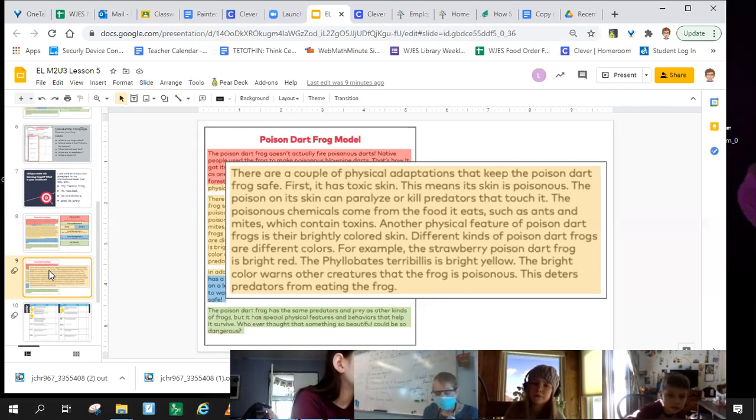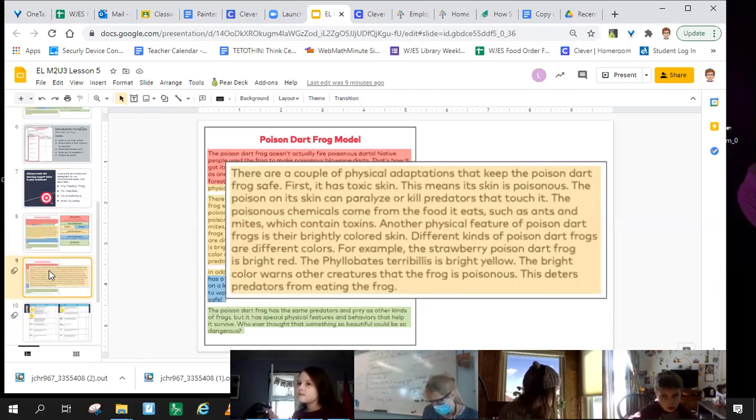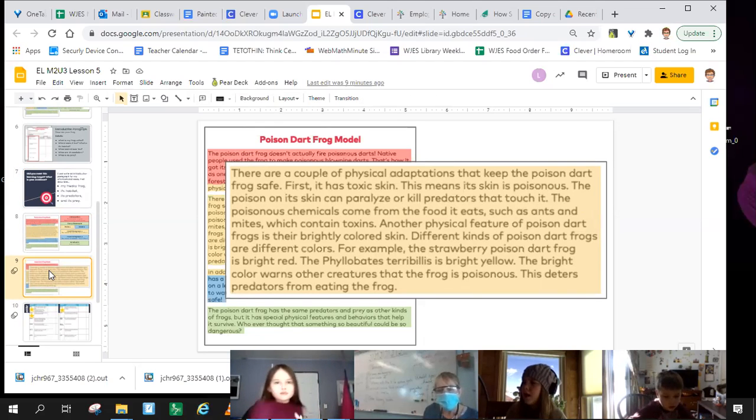So when I look at my page 71, I see that I wrote down they have toxic skin. Is that a physical adaptation? Yes, because it's their body. Can they change that? No. Physical adaptations are not something they can change. It's their body. So I'm going to write toxic skin. Now, that's their unique thing.